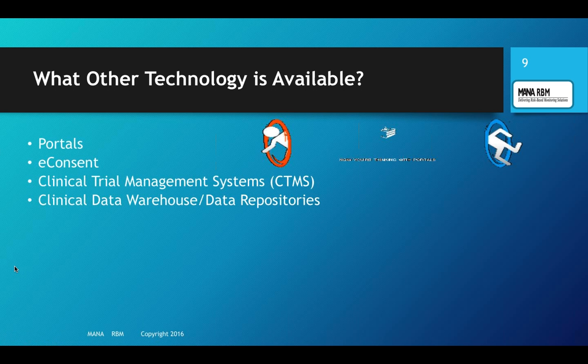Clinical data warehouse and data repositories. These, I think, are really important because it allows you to bring data in from multiple different sources and use that to better review, with a more comprehensive, integrated approach, what's going on at the study. So we really like data repositories with reporting tools associated with them.